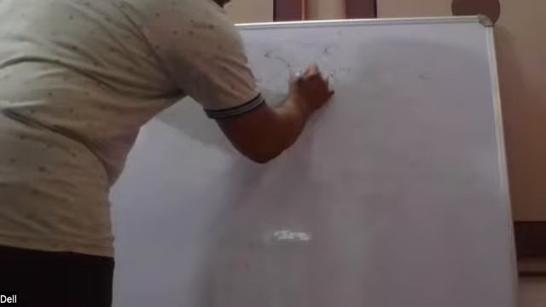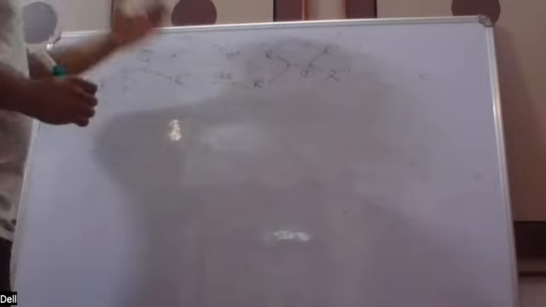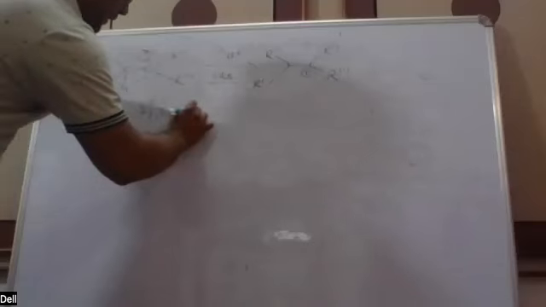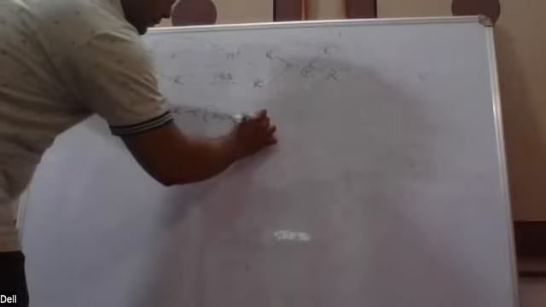So in the E1 elimination reaction, the formation of this carbocation is the rate determining step because it's the slowest step, and based on this we can say that the E1 rate is directly proportional to the concentration of the reactant. It does not depend on the presence of the other substrate, which is an acid or the base.